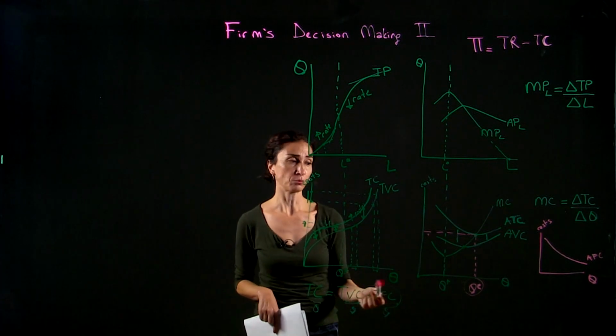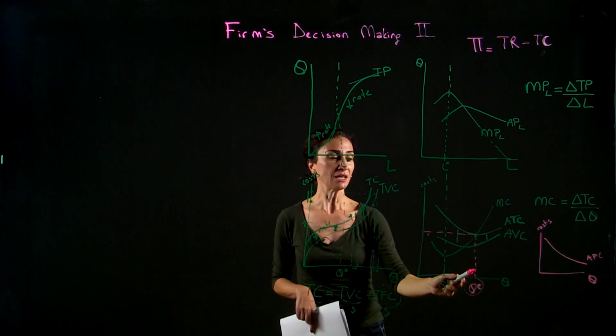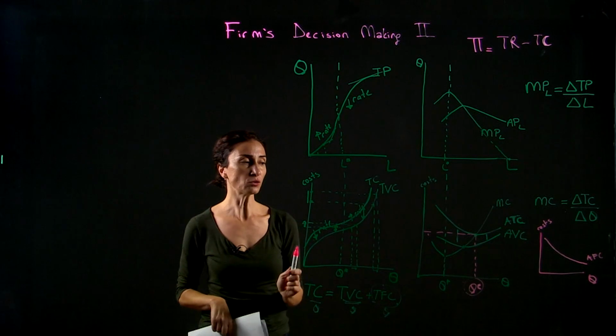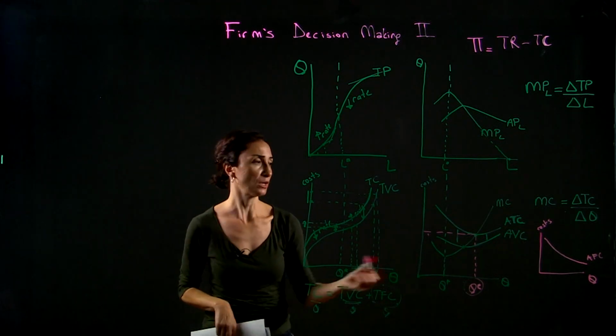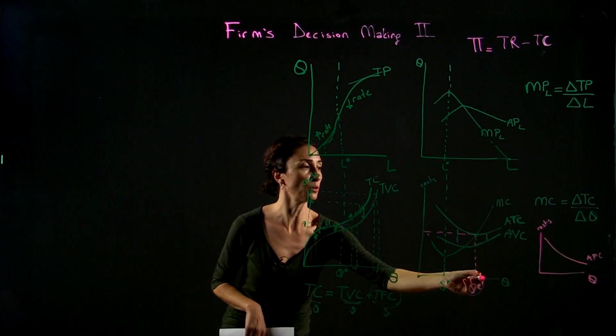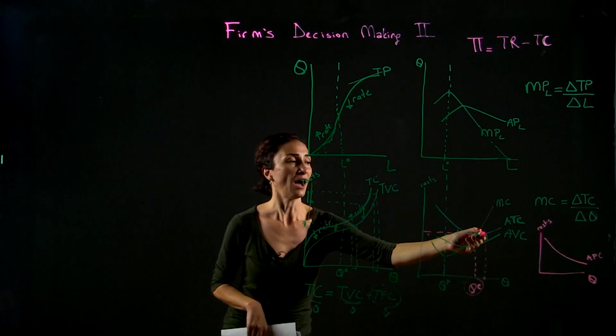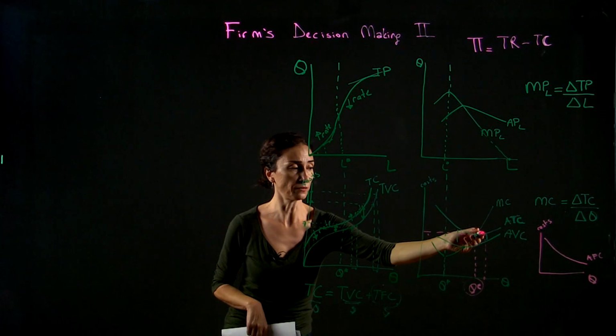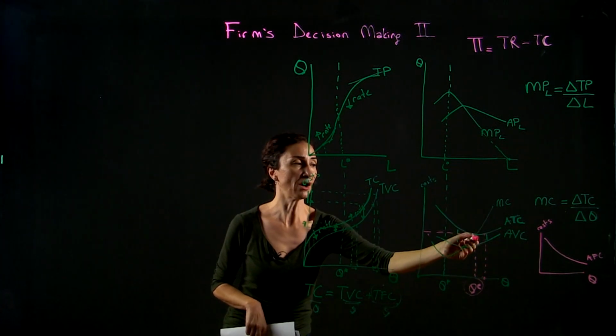If this firm produces this amount, it is producing its output at the lowest possible cost. If you produce more than that, the cost comes up. I didn't draw it very well, but this is U-shaped. So the cost of this output should be higher than this.